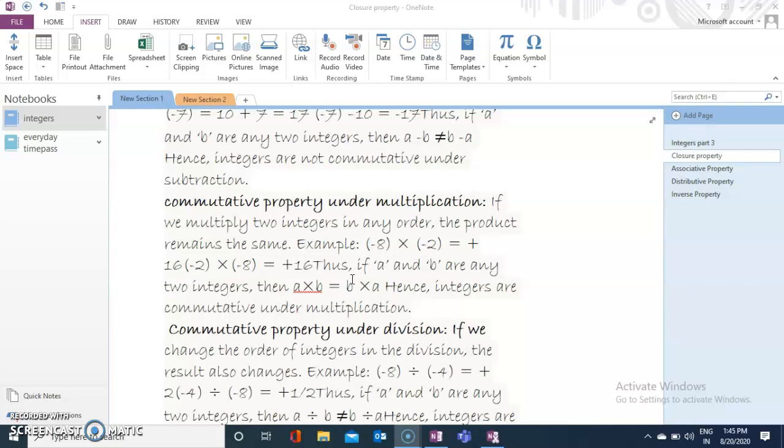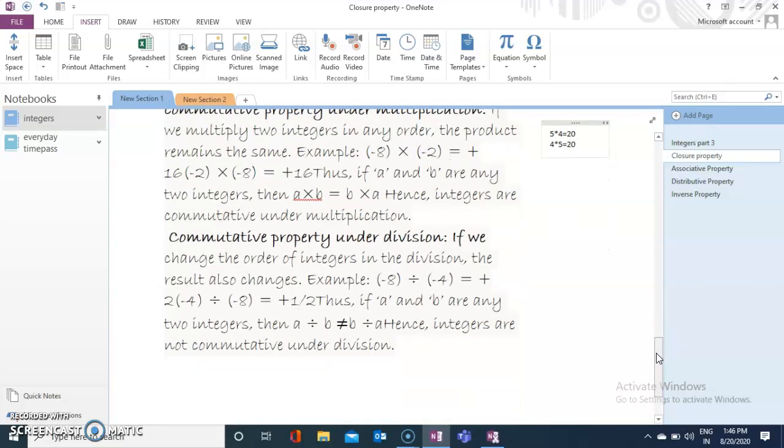Let me give you one more live example. 5 into 4 is equal to 20, then 4 into 5 is equal to 20, right? So if a and b are two integers, then a into b is equal to b into a, and hence integers are commutative under multiplication. Now commutative property under division.